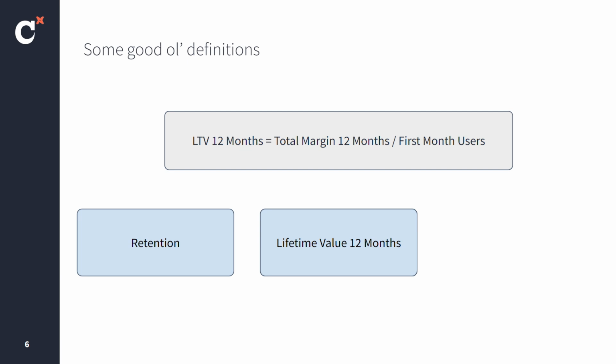What you might think when you look at this is that we're actually not taking churn or retention into account here, right? Not like in the previous version of this. But when you actually calculate the sum of the margin or revenue over the first year, then the retention is really implicitly taken into account, because obviously the margin is going to be lower if you lose people within the first year.